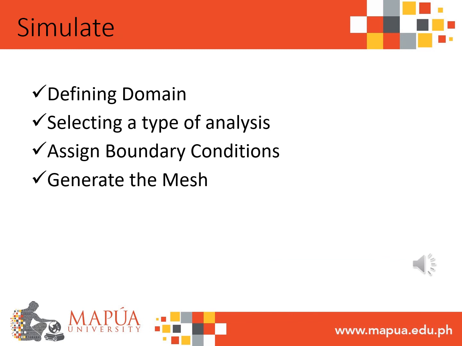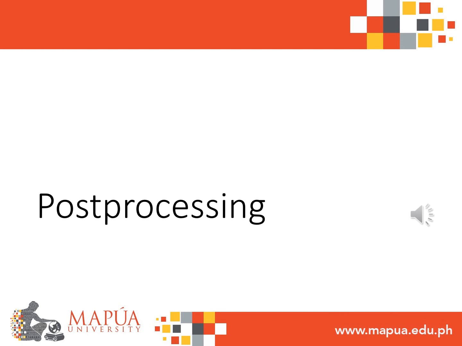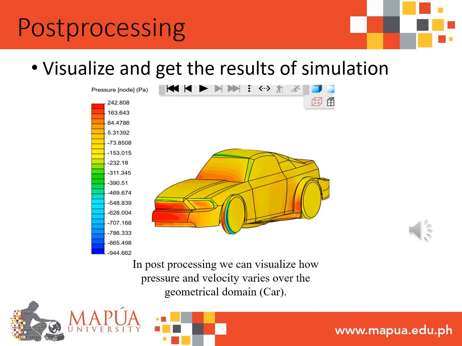After defining the domain, selecting a type of analysis we want, assigning boundary conditions, and generating the mesh, we can now start the simulation process. After the simulation process, we can now proceed to the post-processing stage.